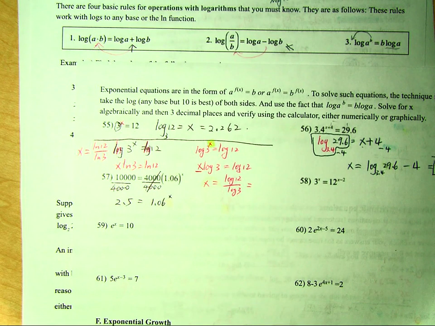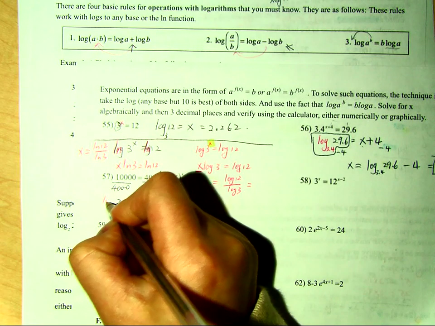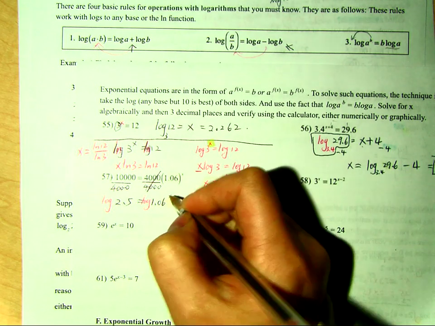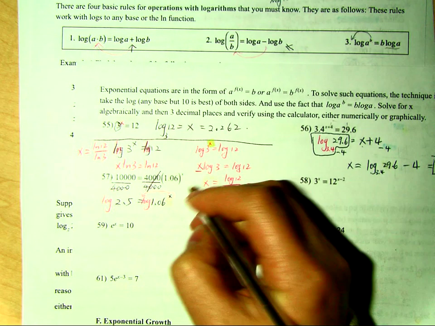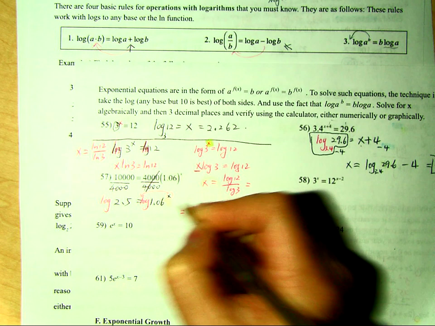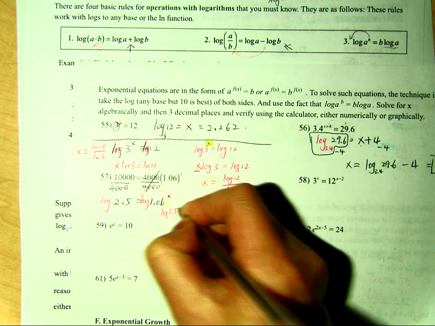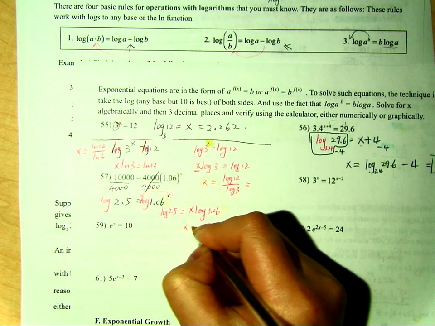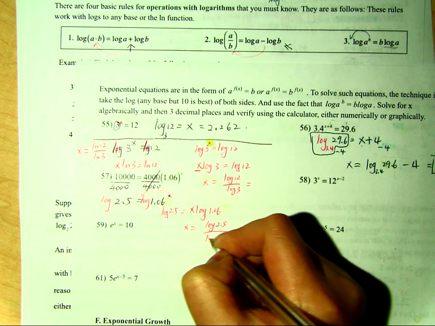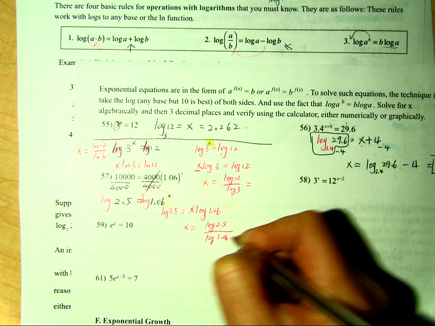Okay, now I'm going to do the other way. So I take a log on both sides. And you can move the x to the front. So we have x times log 1.06 equal to log of 2.5. And the x will be log 2.5 divided by log of 1.06.